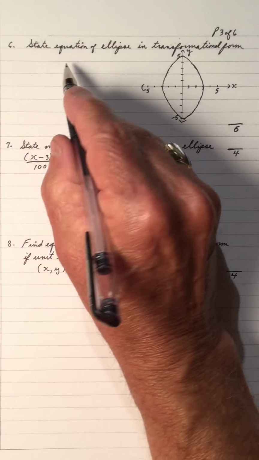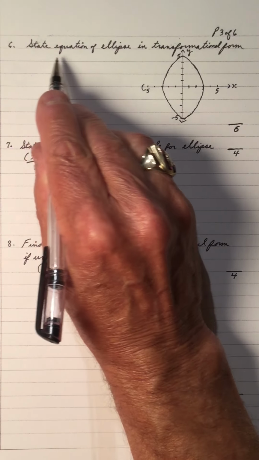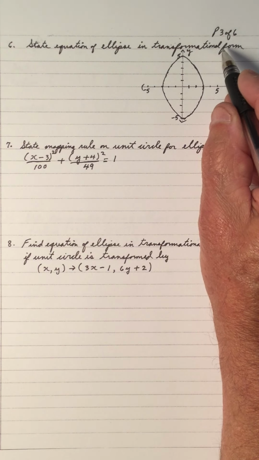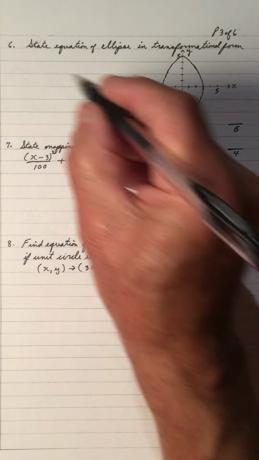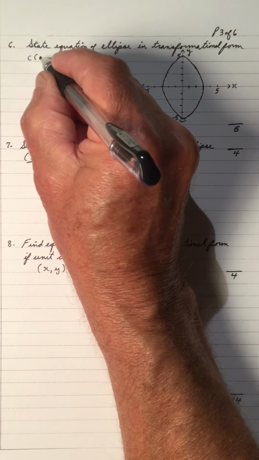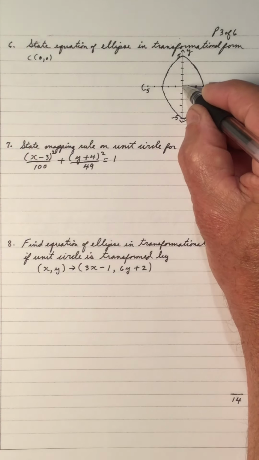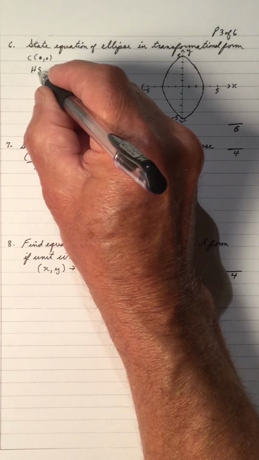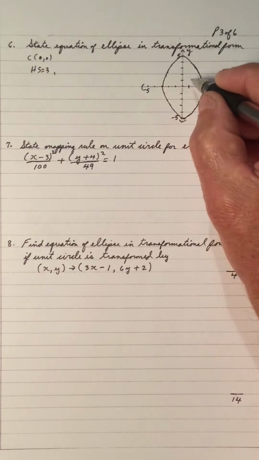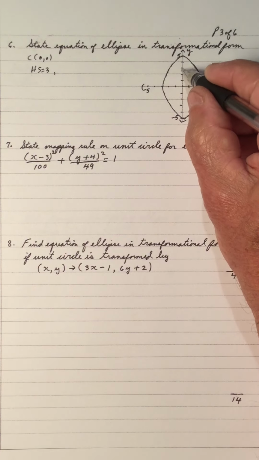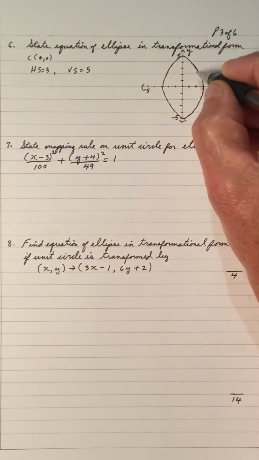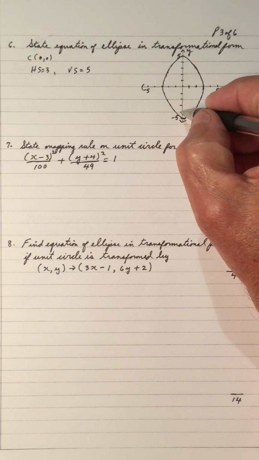Number 6, state the equation of the ellipse in transformational form. Well, we have the center. The center of the ellipse is right here, 0, 0, and the horizontal stretch is 3 right, 3 left, so the horizontal stretch is 3. The vertical stretch is 1, 2, 3, 4, 5, so the vertical stretch is 5 because it's 5 up and 5 down.